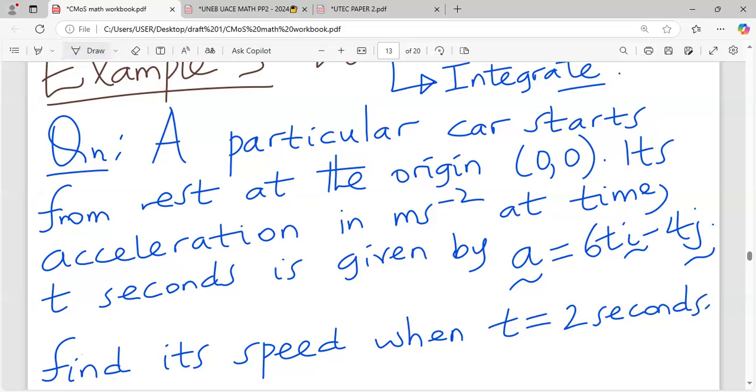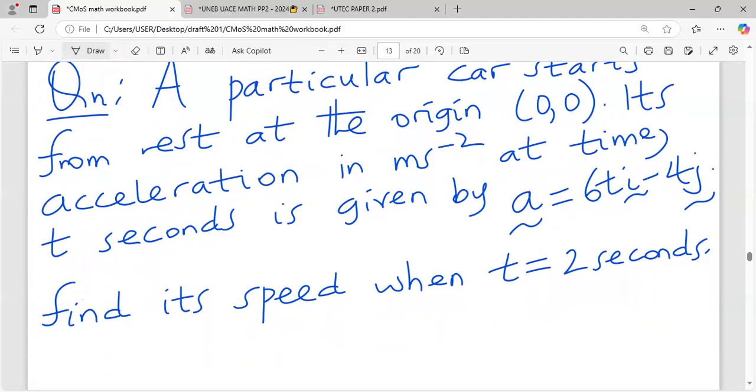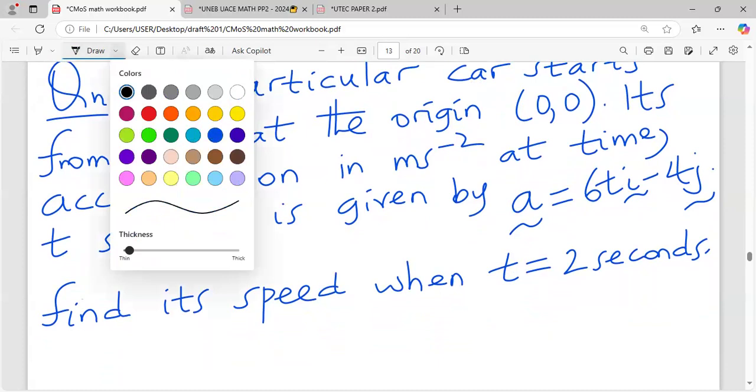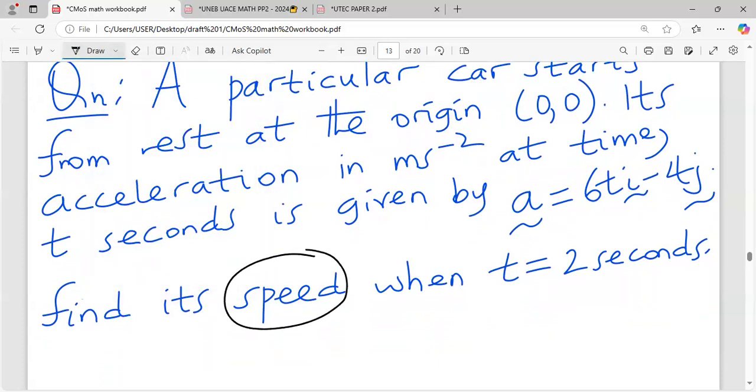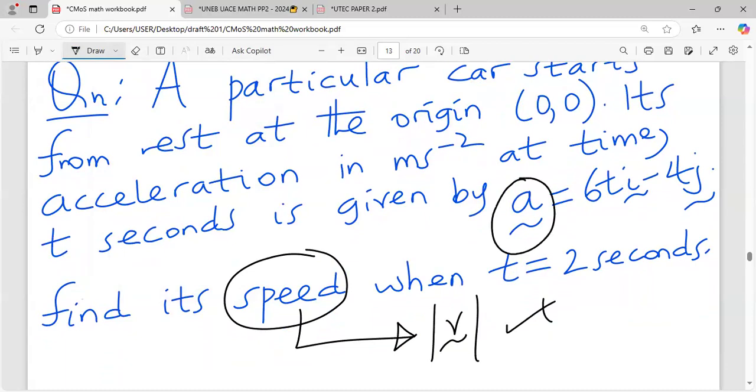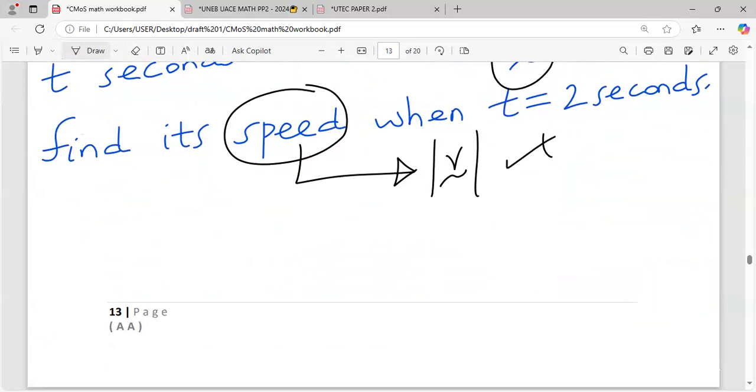Yeah, something like that. So now you look at this question. As I always tell you, the question is asking for speed, but we have not talked of speed anywhere. But we know that speed, we can actually get from the magnitude of velocity. So you ask yourself, what is the relationship between acceleration and velocity? We know that acceleration is the rate of change of velocity.